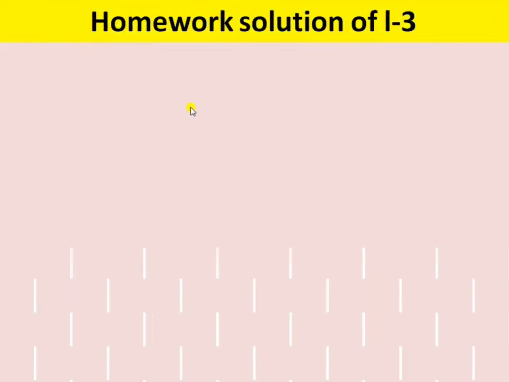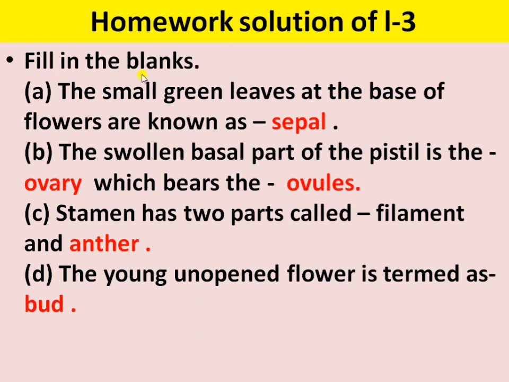Next is the homework solution of lecture number 3. The first question is fill in the blanks. First, the small green leaves at the base of the flower are known as sepals. Second, the swollen basal part of the pistil is the ovary, which bears ovules. Third, the stamen has two parts called filament and anther.